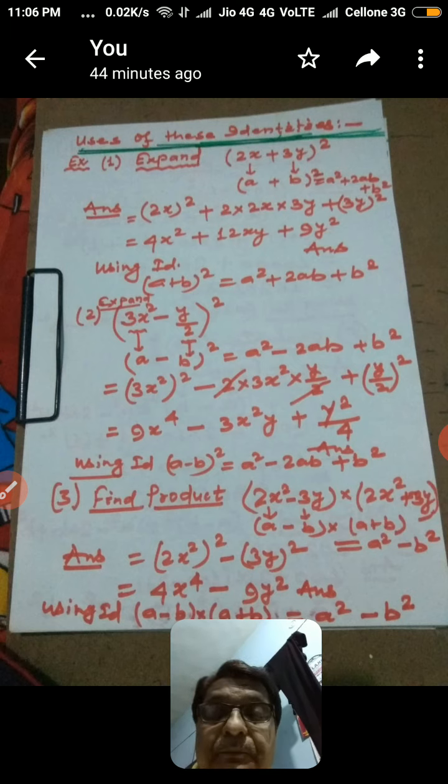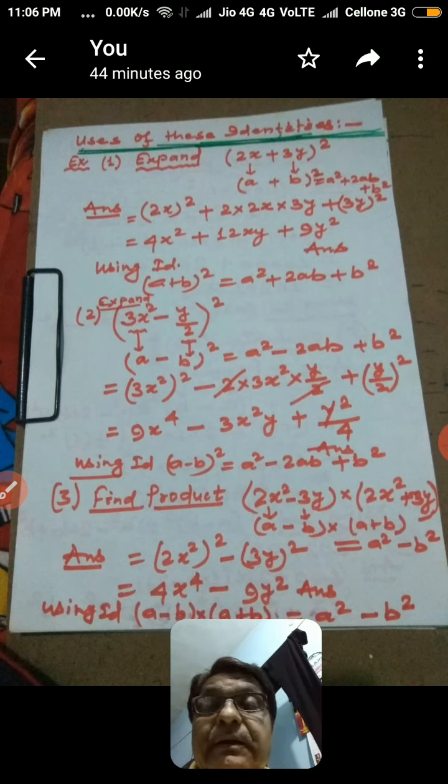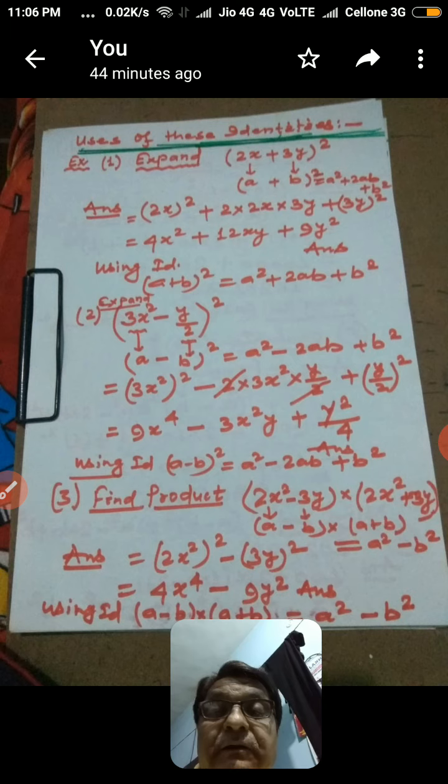So to get this answer, a square minus 2ab plus b square, we follow what our a is and what our b is. Taking a and b, we put them in a square minus 2ab plus b square. Finally we get 9x to the power 4 minus 3x square y plus y square by 4. Being unlike terms, this is the answer.